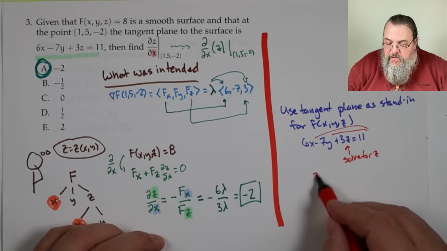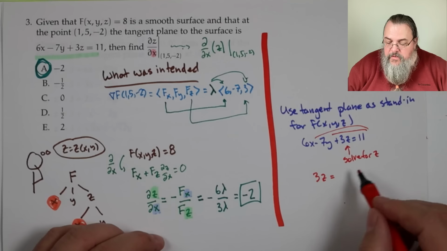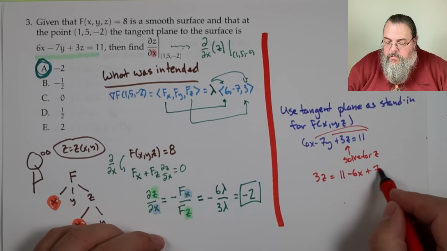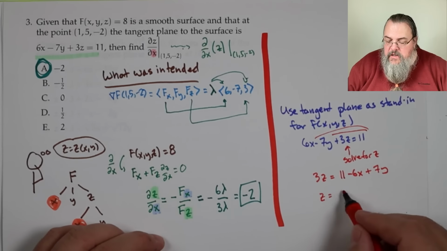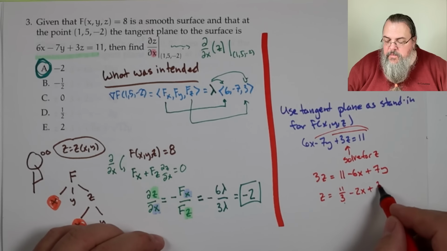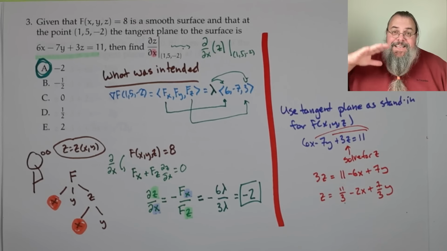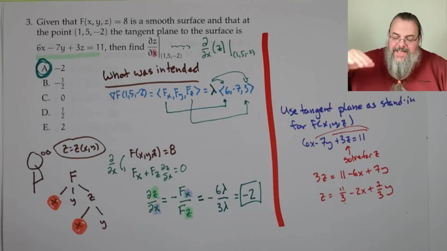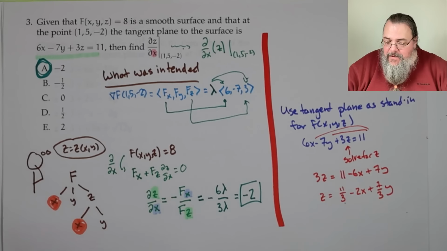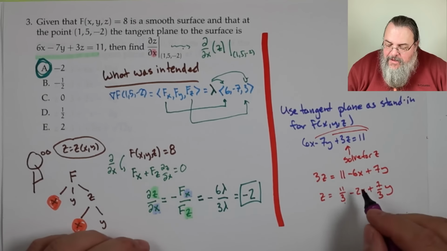So we get 3z is equal to 11 minus 6x plus 7y, or z is 11 thirds minus 2x plus 7 thirds times y.